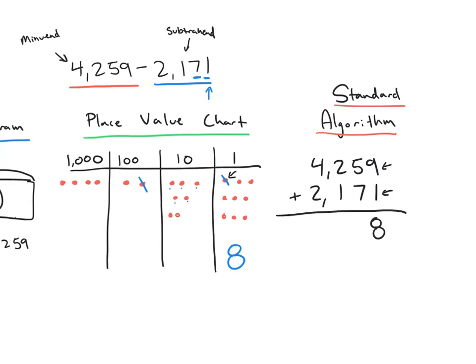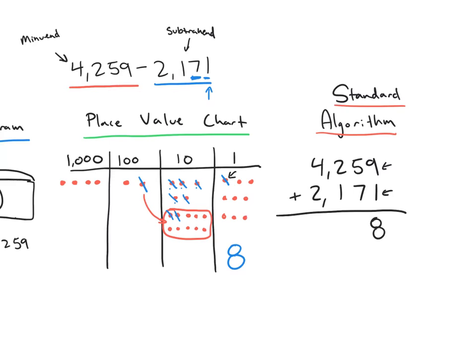So I'm going to write these 10 tens right here. This 100 was unpacked, or decomposed, and it became these 10 tens. Now I have 15 tens in my place value chart, so I'm very easily able to cross out 7 of them.